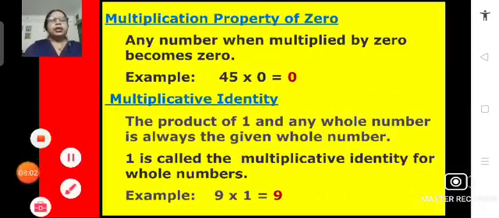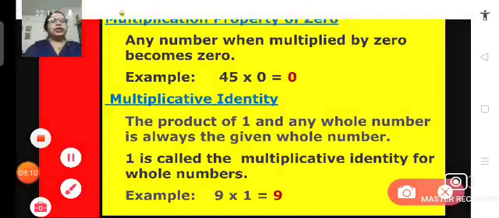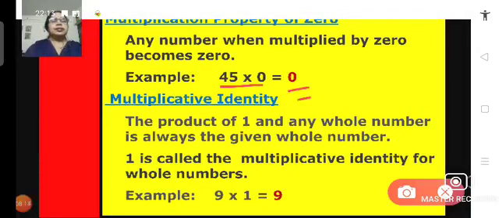So what is multiplication property of 0? Any number when multiplied by 0 becomes 0. For example, we have multiplied 45 here with 0, we get the result as 0. And what is multiplicative identity? The product of 1 and any whole number always gives the whole number as the result.